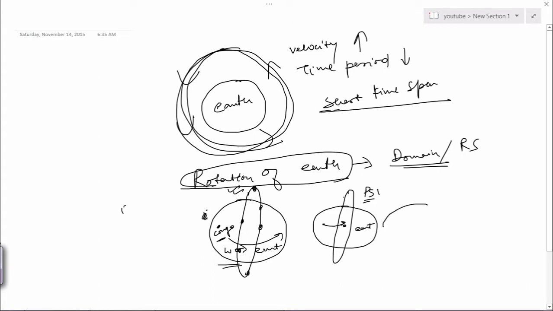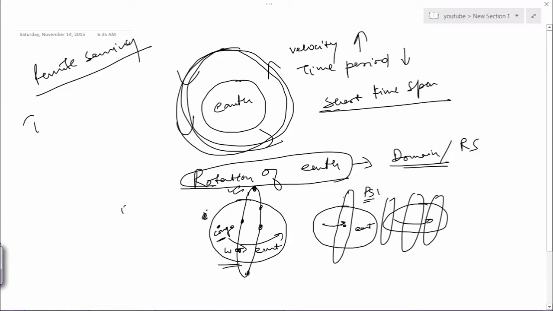So what I'm trying to say is, as the Earth keeps on rotating, almost every region of the Earth is covered under this remote sensing satellite. So this is another defining feature of remote sensing satellite, that every region of the Earth is covered.